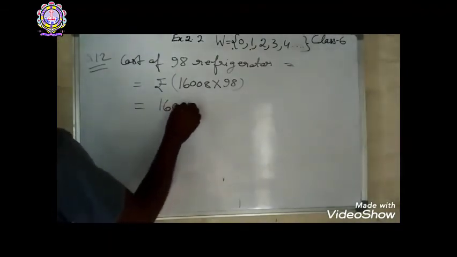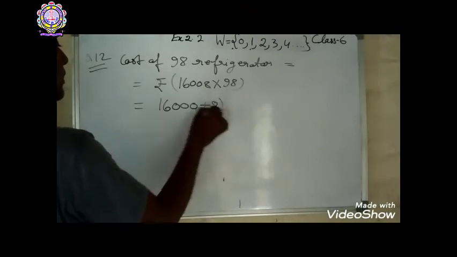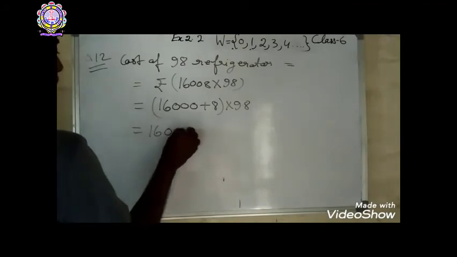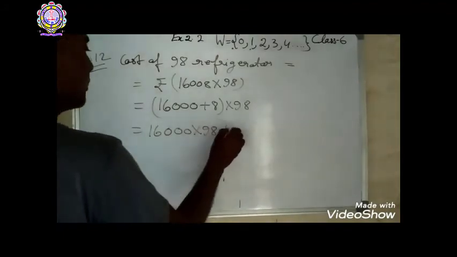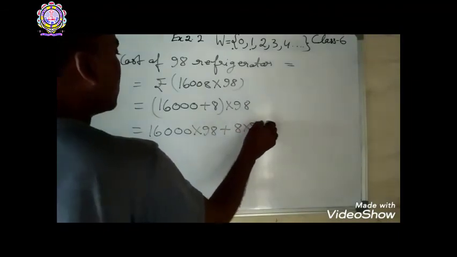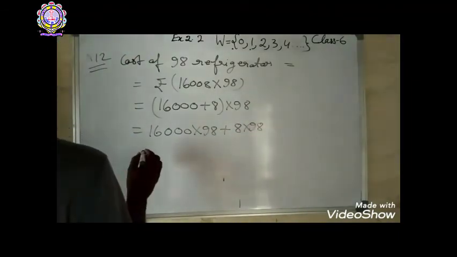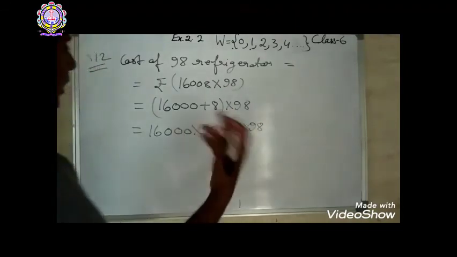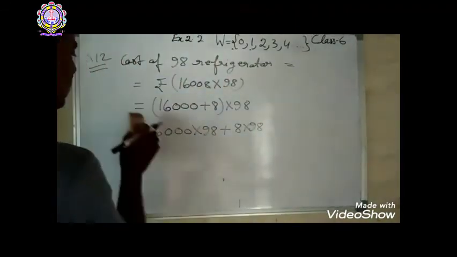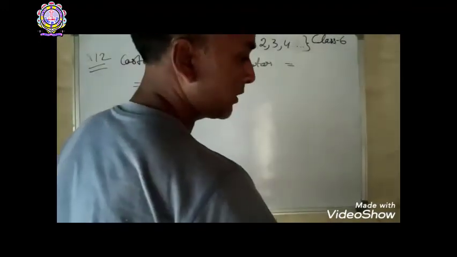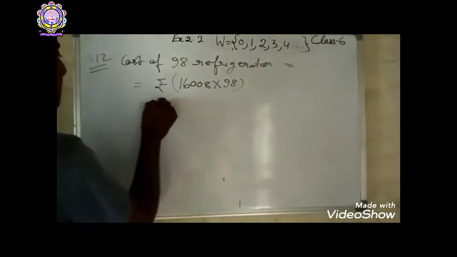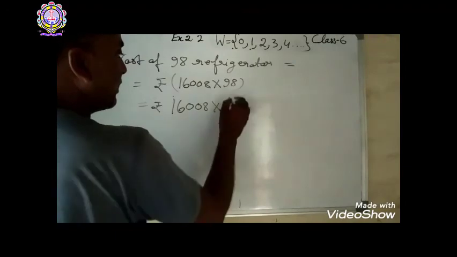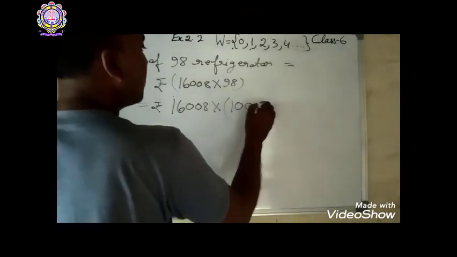Sorry. Write 98 like the distributive property, not like this. 16,008 into 98, we can write 98 like this, 100 minus 2.